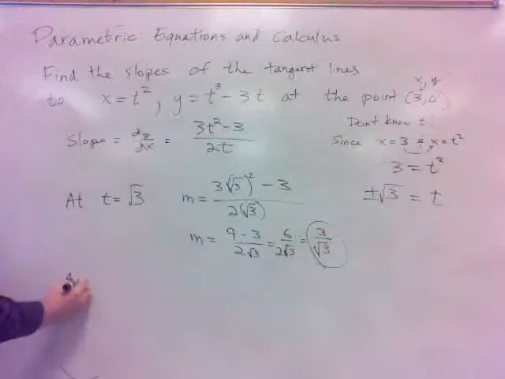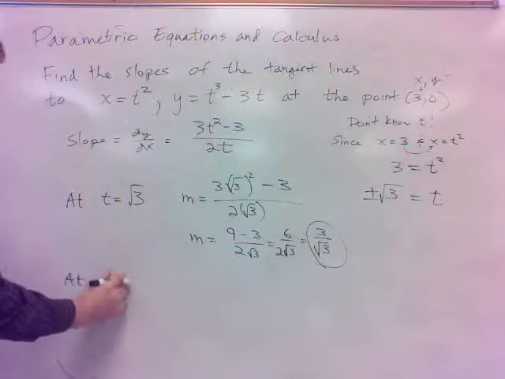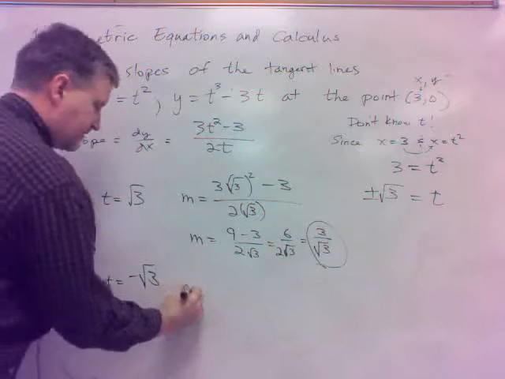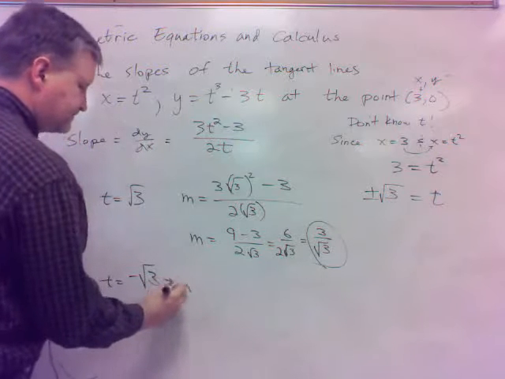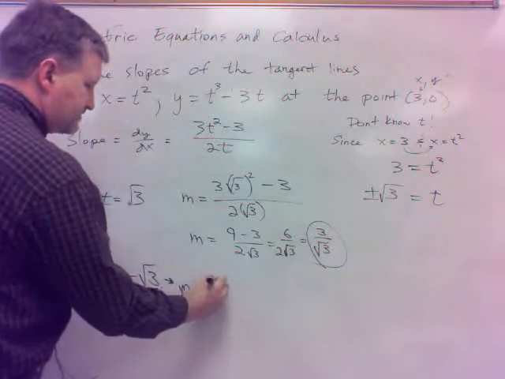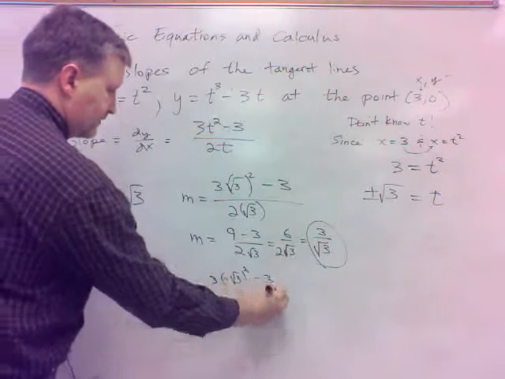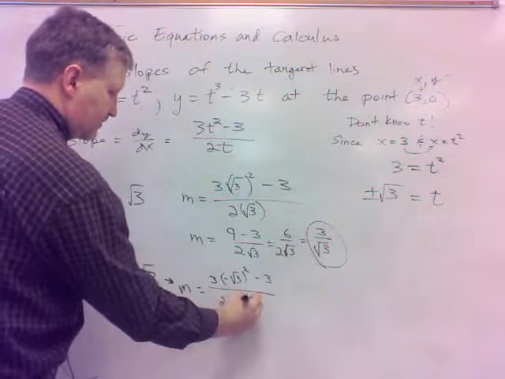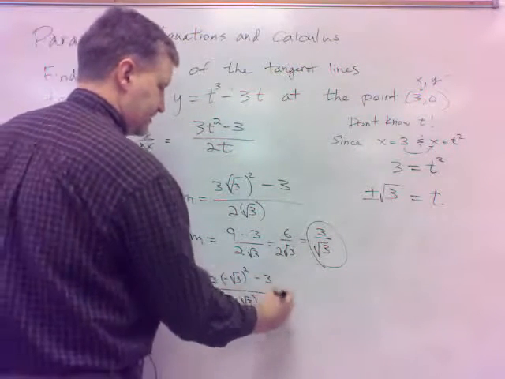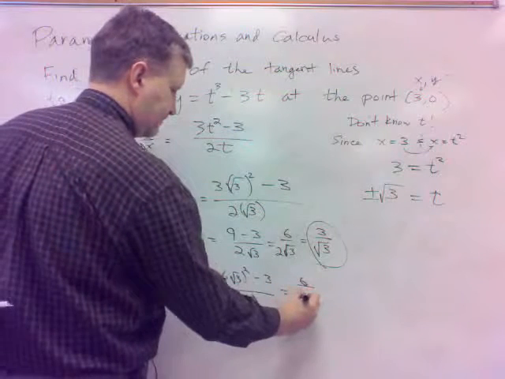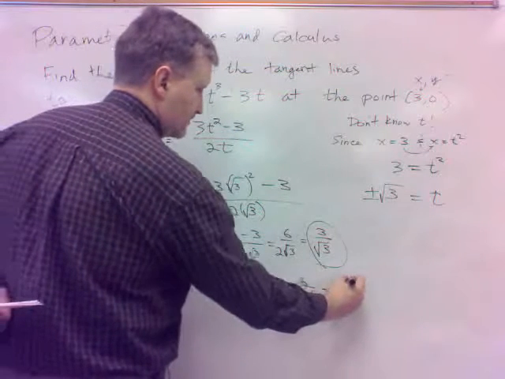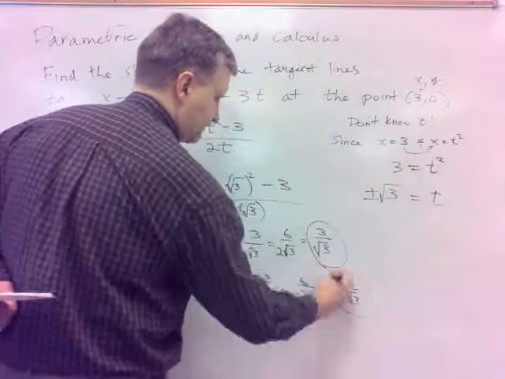And then at negative square root of 3, it's going to be very similar. The slope is 3 times negative square root of 3 squared, minus 3, over 2 times negative square root of 3. All that's going to change is the sign. That's going to be negative 3 over square root of 3.